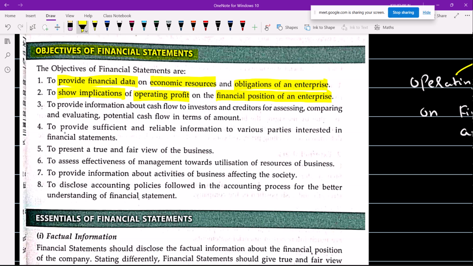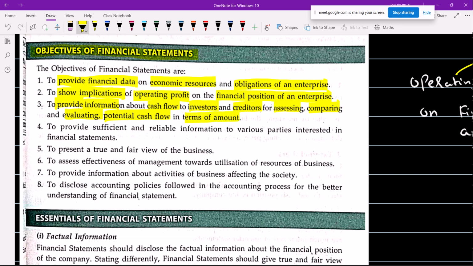Now, the third point: it will provide the information about cash flow to whom? To the investors and also the creditors for assessing, comparing, and evaluating the potential cash flow in terms of amount.